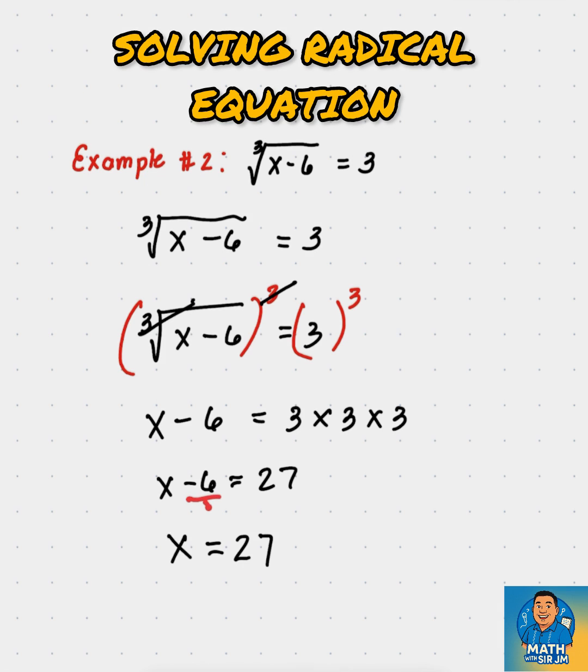If we transfer negative 6 to the right side, it will become positive. Now, perform the indicated operation. We have here 27 plus 6. What will be the value of x? X is equal to 33. And this is our final answer.